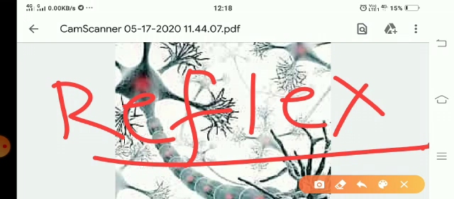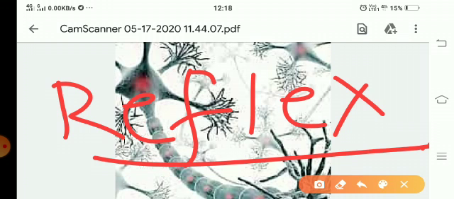Next, jumping from the bed when you see a cockroach near you. Next, withdrawing your hand immediately when it is pricked with a thorn. These are examples of reflex action.